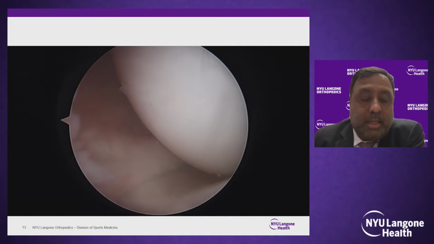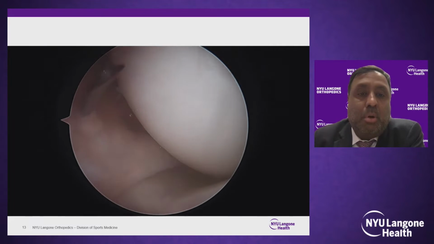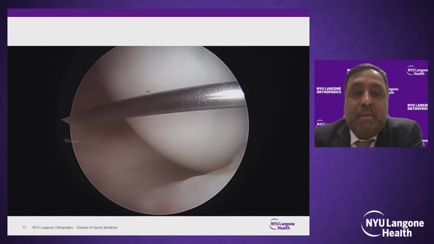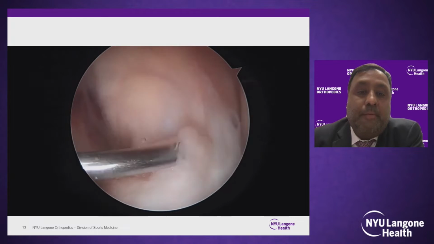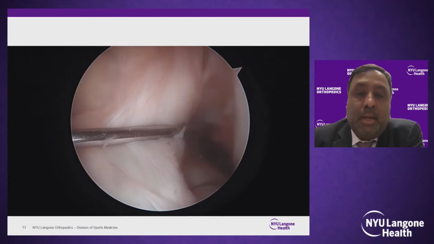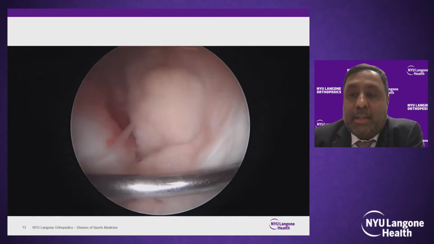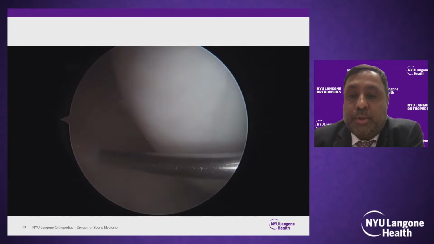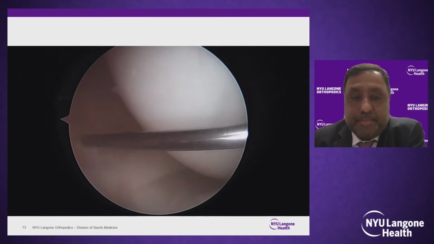When utilizing this portal, you can see you have ease of access, that you avoid the medial femoral condyle, and can have direct access straight to the femoral insertion of the anterior cruciate ligament.